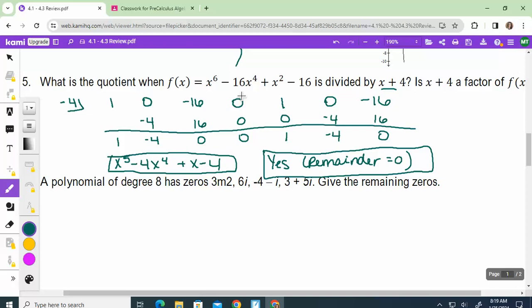So I only gave you 5. What would be the remaining zeros? Negative 6i, negative plus i, and 3 minus 5i.